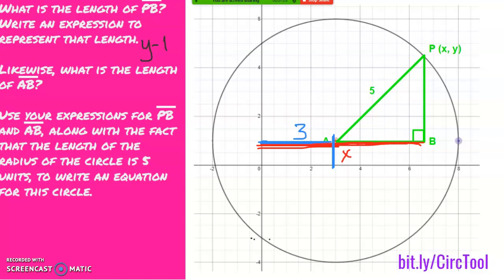So if we take the whole red line, and we subtract out the blue line, what we're going to have left is line segment AB. So the expression for the length of line segment AB is x minus 3.